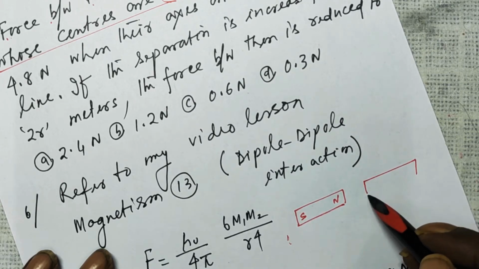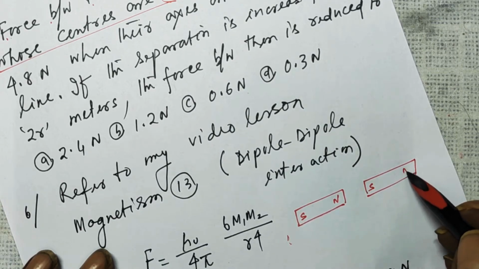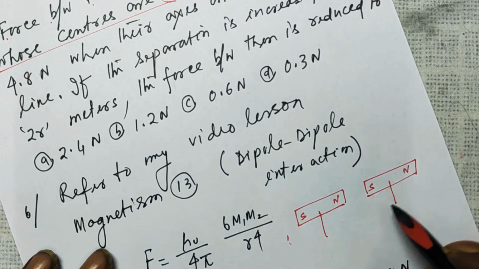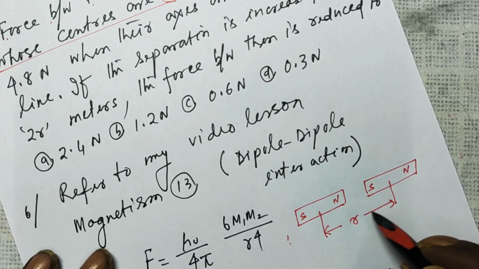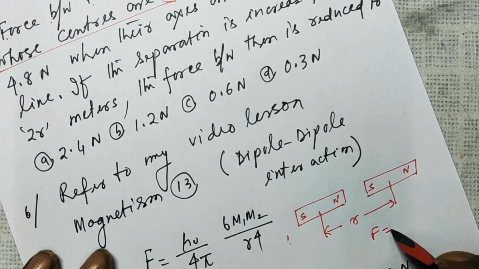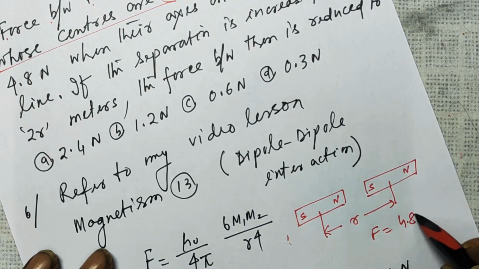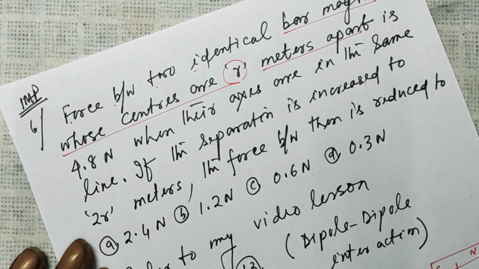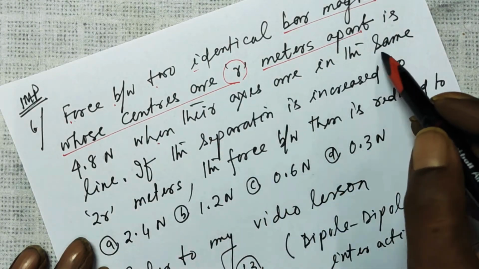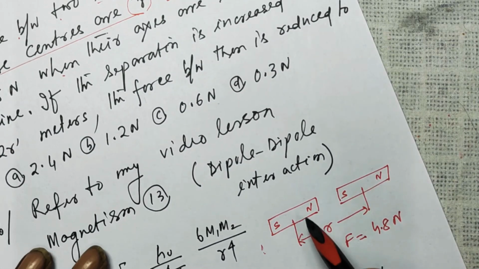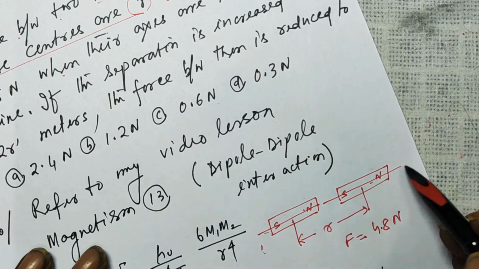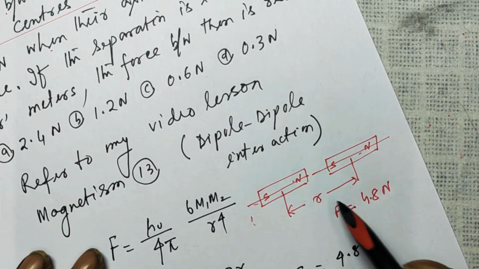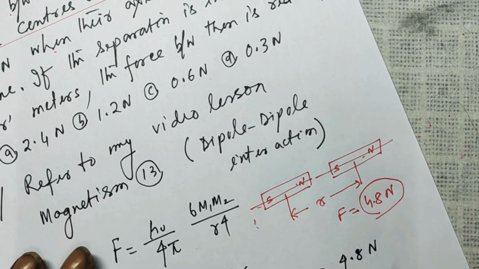Another is like this, south-north. Between the centers, the distance is given as r, and the force between them is given as 4.8 Newton. Their axes are in the same line, and the distance is r and the force is 4.8 Newton.